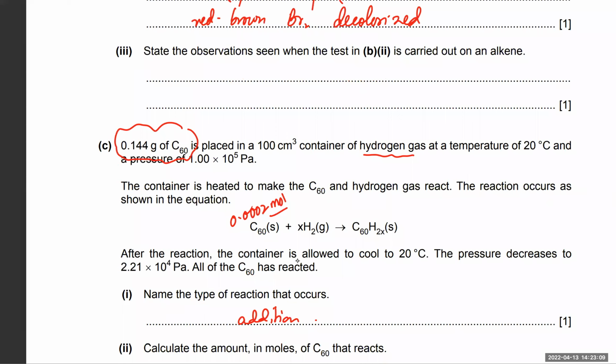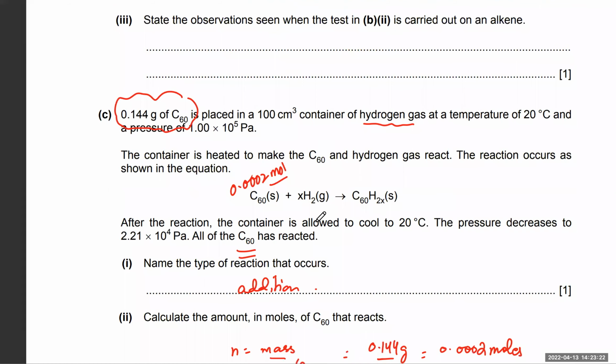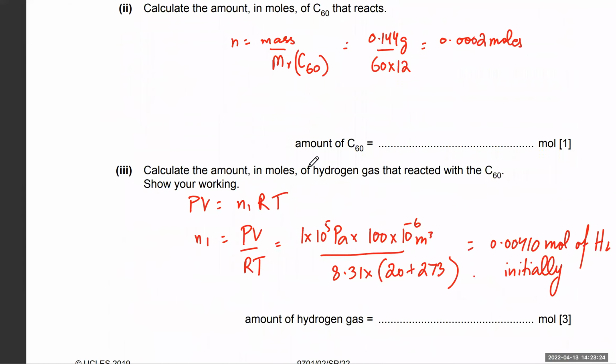He says that all the C60 has reacted. He never said that all of the hydrogen is reacting. So the problem now is that we're not sure. Calculate the amount in moles of hydrogen gas that react.